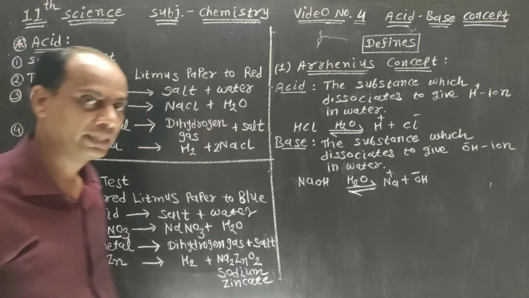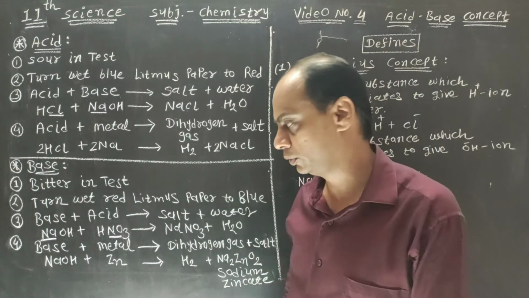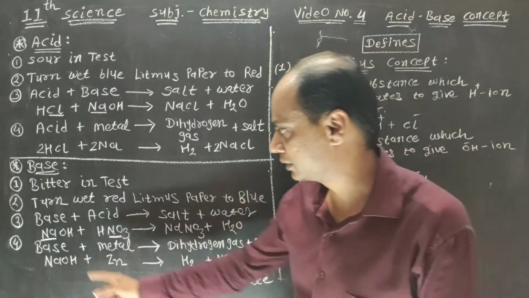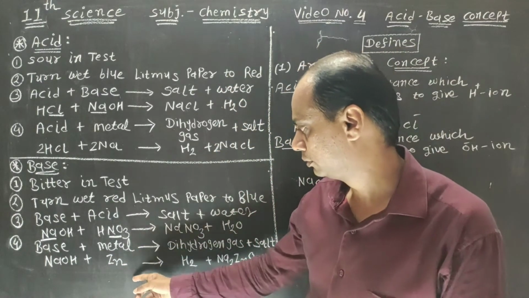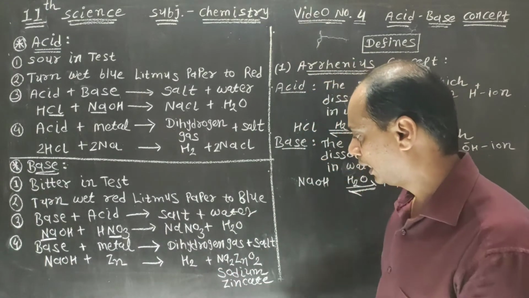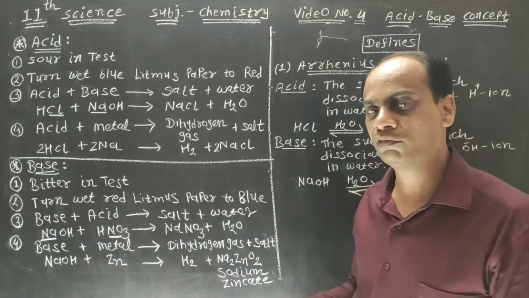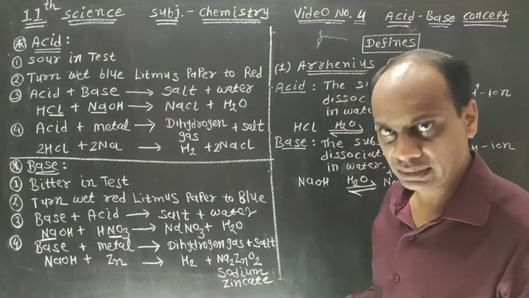Next, reaction of base with metal also produces dihydrogen gas and salt. Base sodium hydroxide, NaOH, metal zinc produce dihydrogen gas and Na2ZnO2, and the name of Na2ZnO2 is sodium zincate.